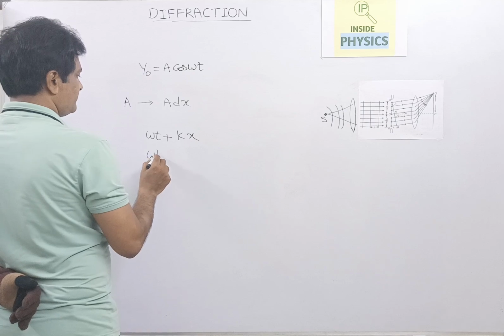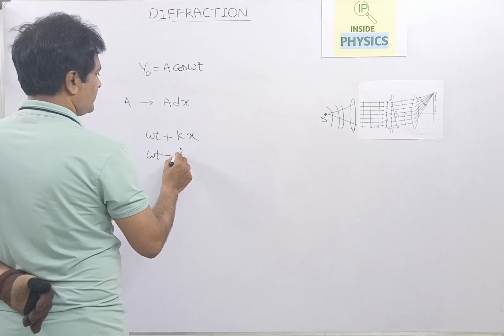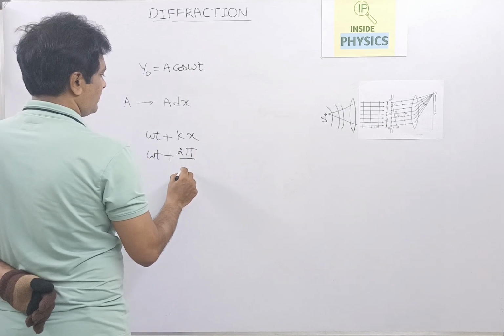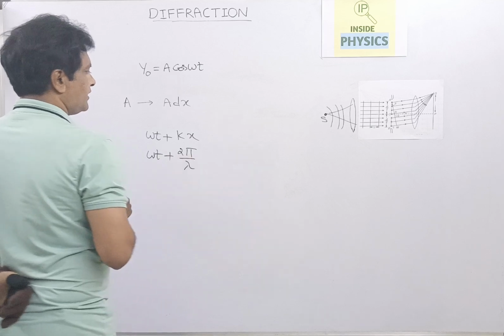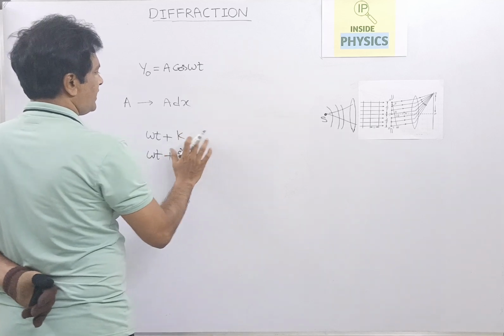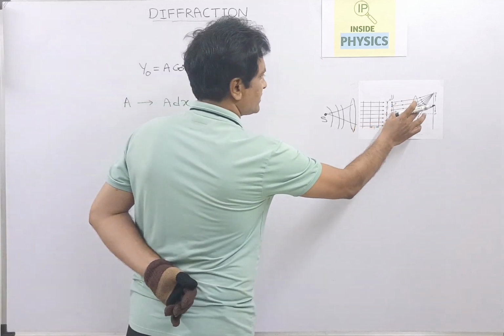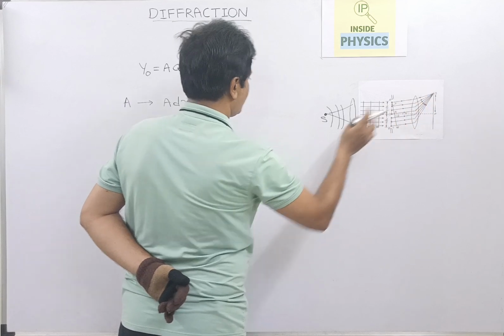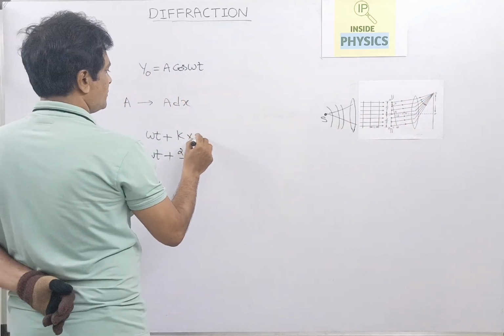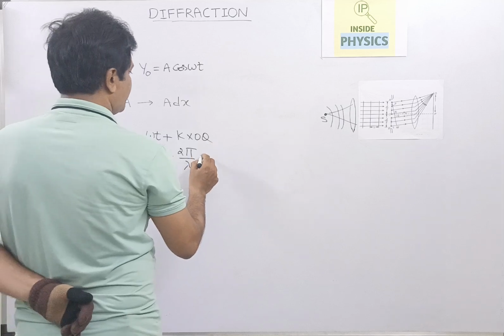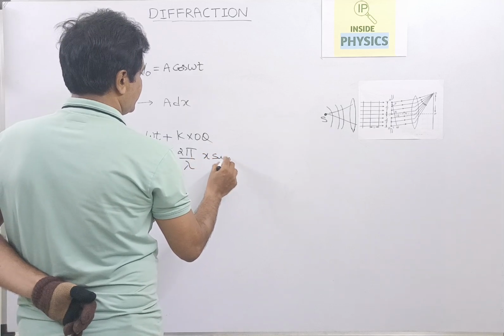So ωt plus k, the propagation constant of the waves, 2π by λ, multiplied by the distance traveled from the center of the slit to Q, that means OQ. OQ can be written as x sin θ.